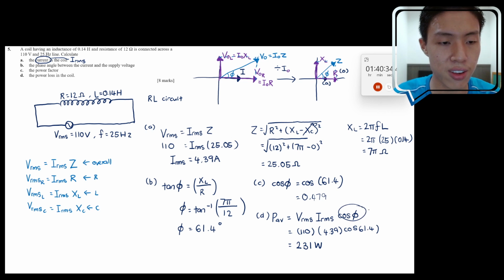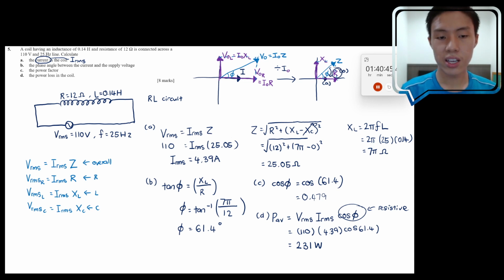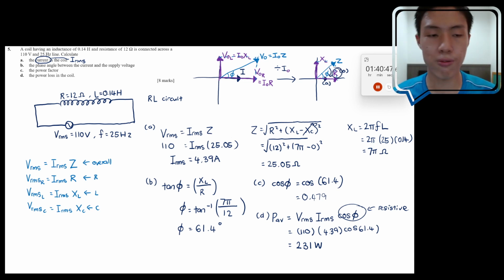This cos phi allows you to focus on the resistive component. So that's question 5. We move on to question 6 after break.